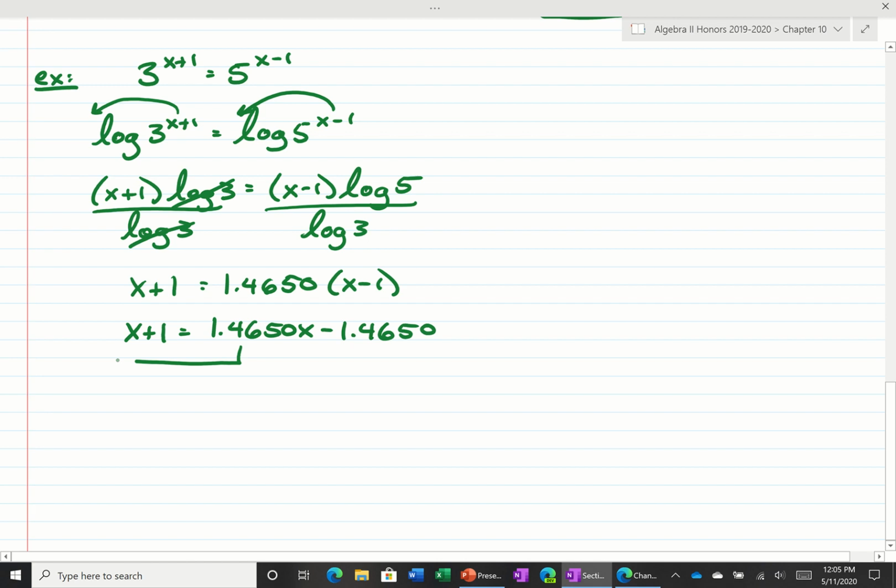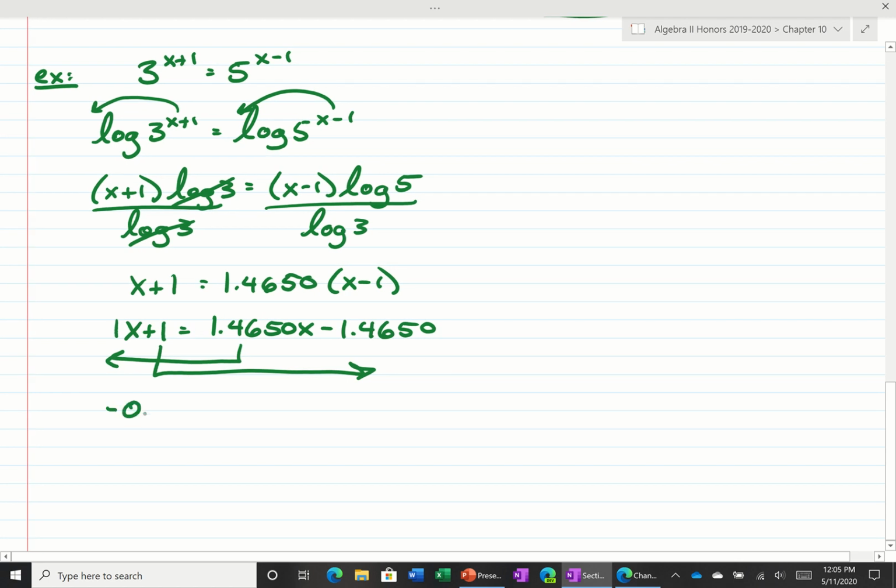So maybe I'll bring this over with the x, and I'll bring the 1 over here. All right, so I'm going to do 1 minus 1.4650 is negative 0.465x is equal to negative 2.465.